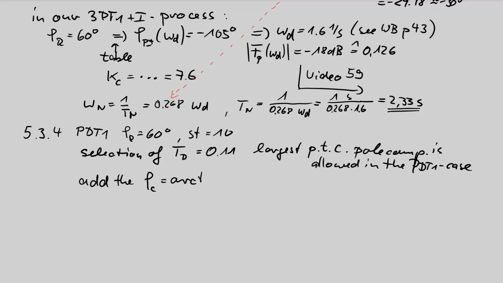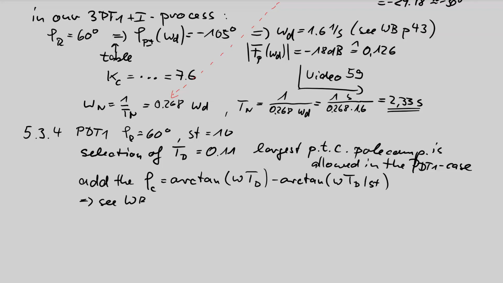The equation we have used in section 5.2: arctangent omega TD minus arctangent omega TD divided by step depth.